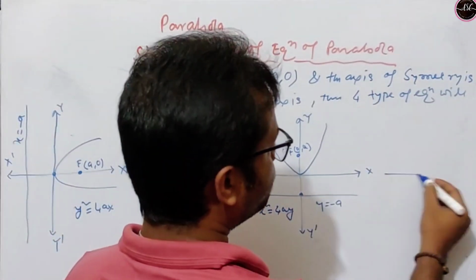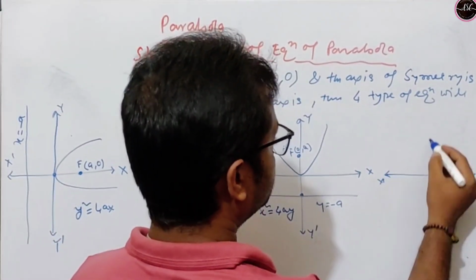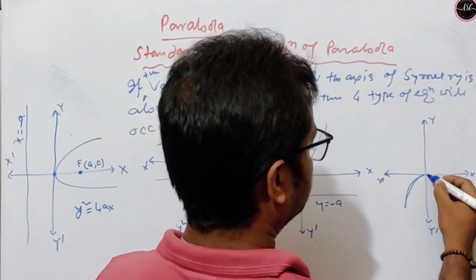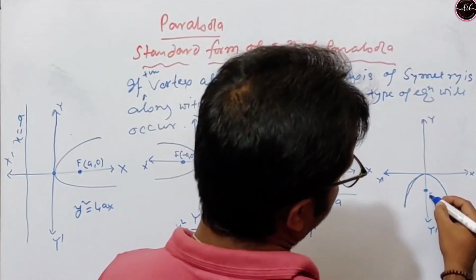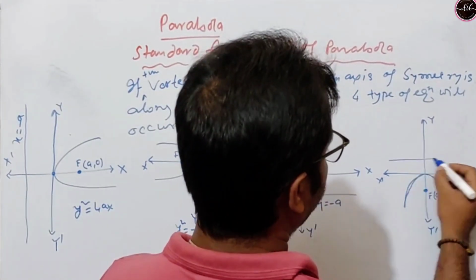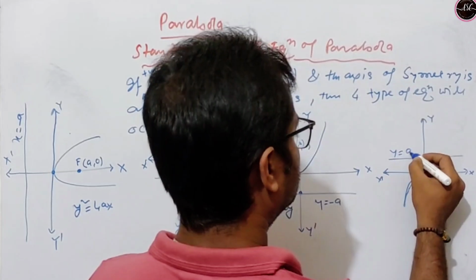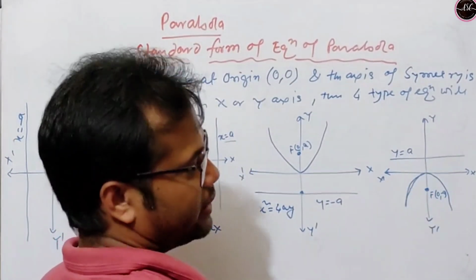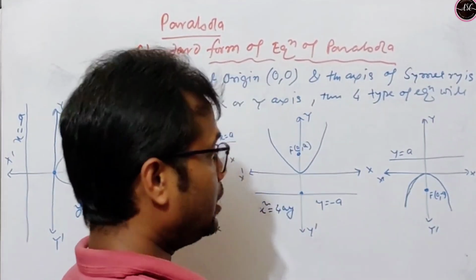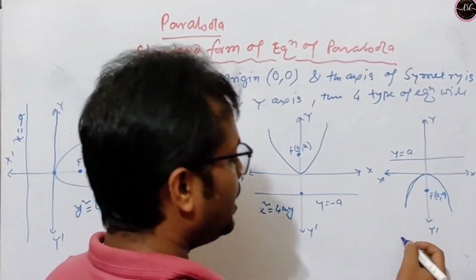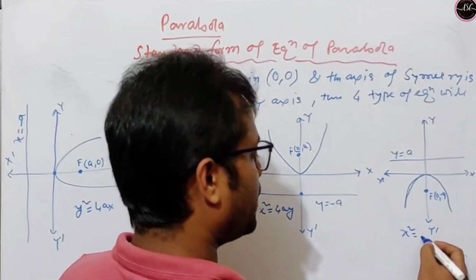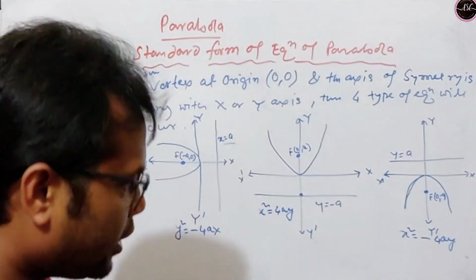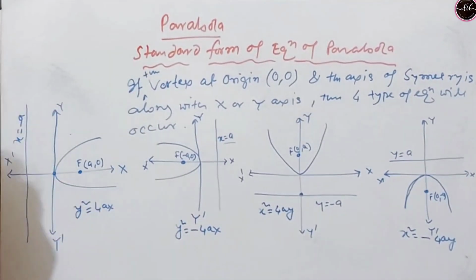Similarly, when the axis is along the y axis and F equal to (0, minus a), then the directrix is y equal to a, and the equation of the parabola is x square equal to minus 4ay. So 4 types of equation we have got. Here some observations we have found from these equations.